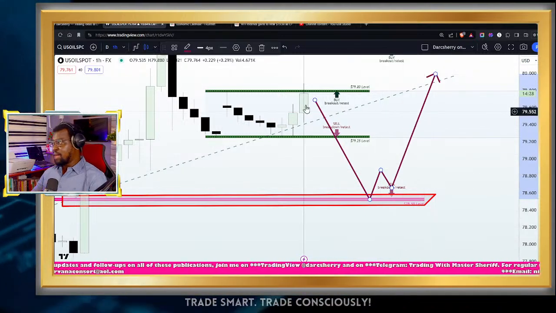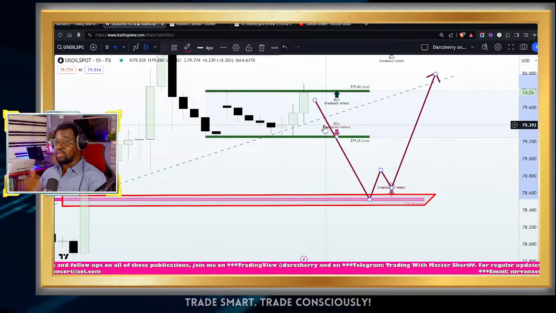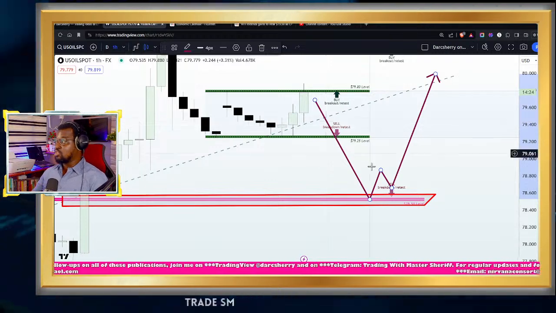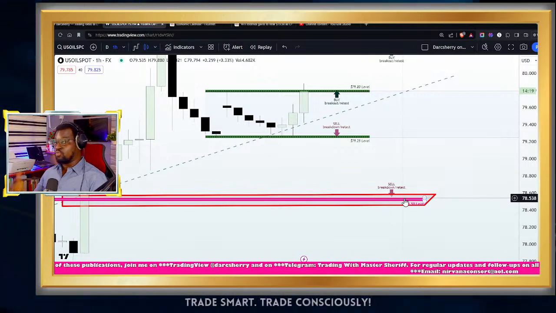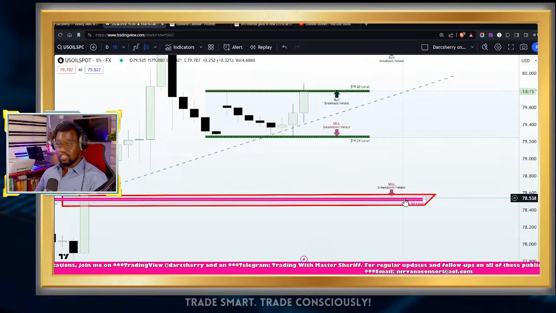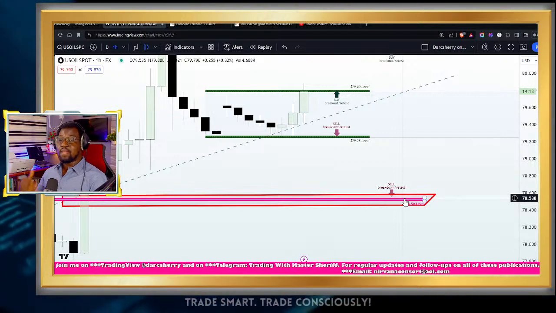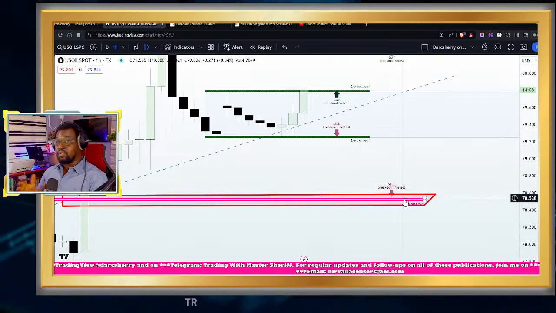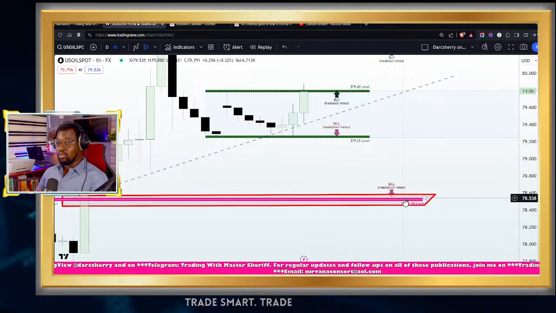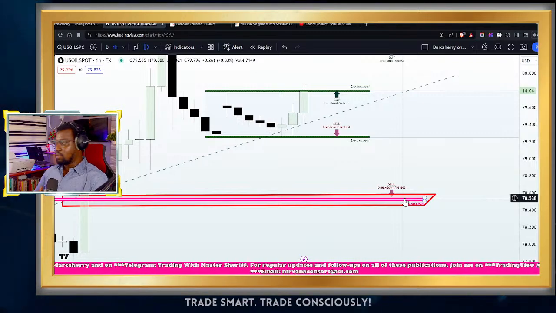So if sellers come in and in any way we have a sell position triggered, as soon as price gets into that key level, let's ensure we move all our stop losses, secure the sell position while we exercise patience and wait to see how the market will react to the $78.50 level before deciding to either buy or sell, depending on what comes up around that area.